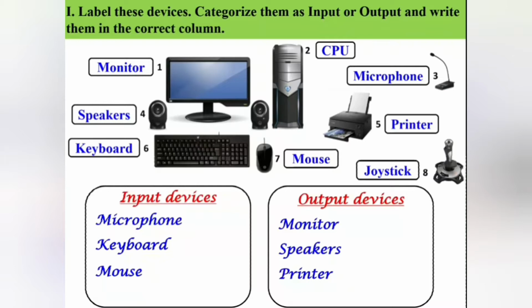What is our eighth device? Our eighth device is joystick. Joystick comes under which category, input or output? Joystick is an input device. So it comes under the category of input devices. Okay, could you understand, children, how to categorize the given devices? Okay.